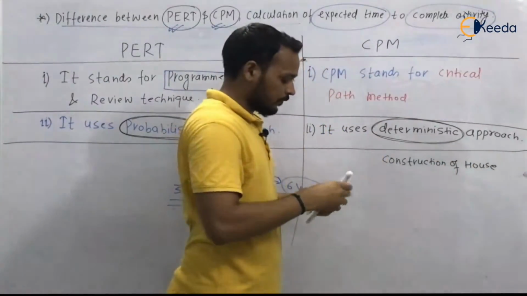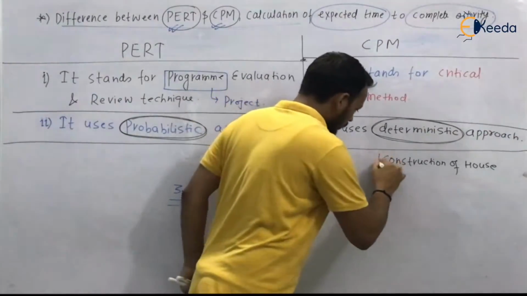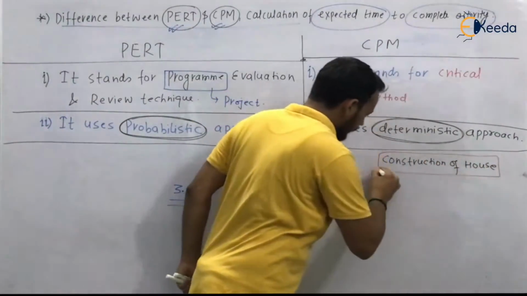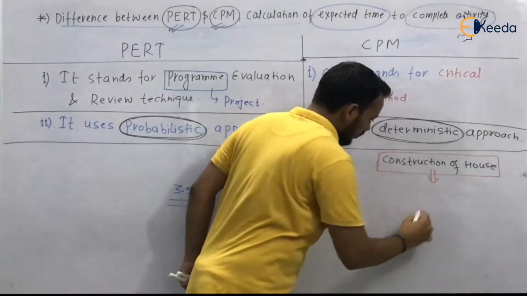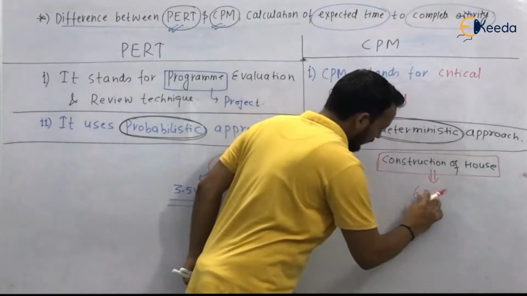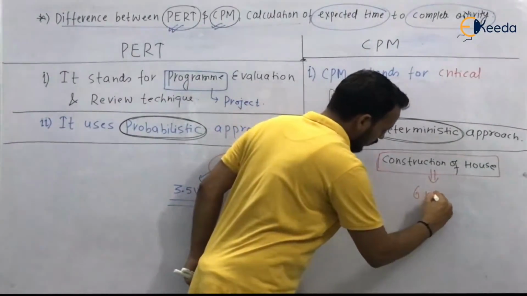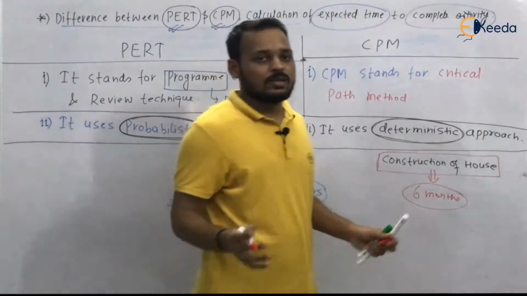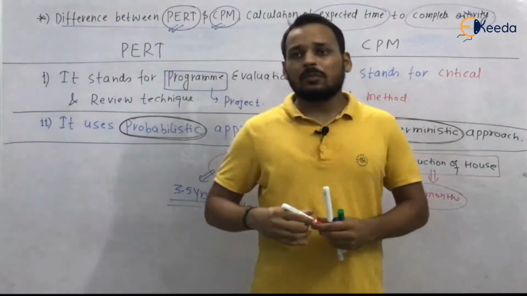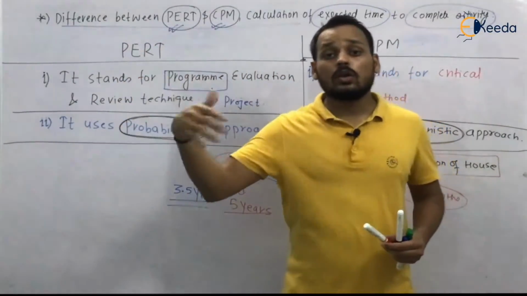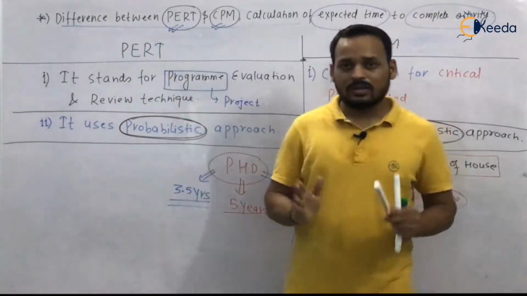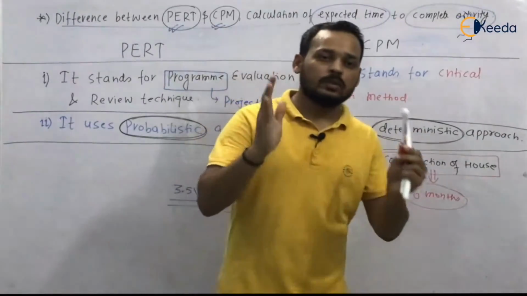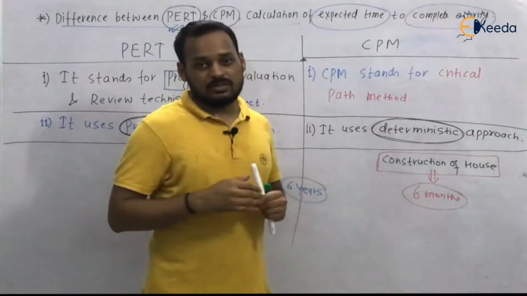If you are going to construct a house, you know that you are going to complete it in 6 months, or 1 year. You do not say that you will complete it in 1 year, 2 years or 3 years. You are very sure that this is going to be the activity completion time.